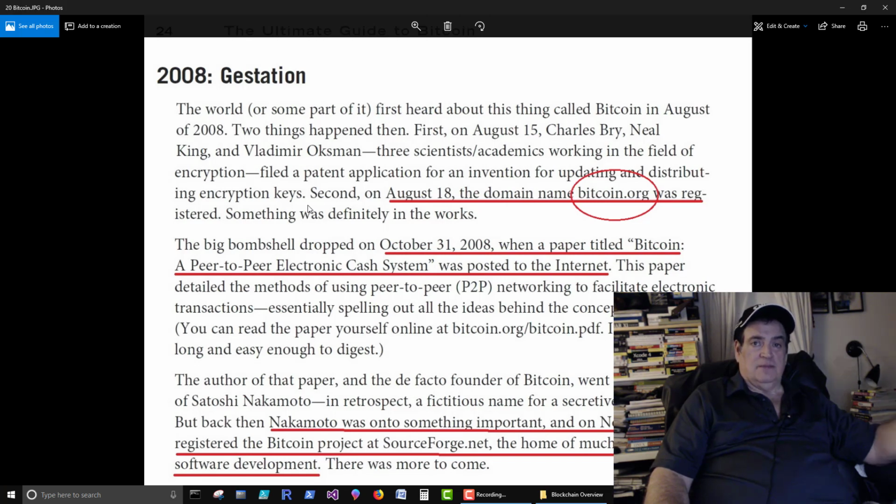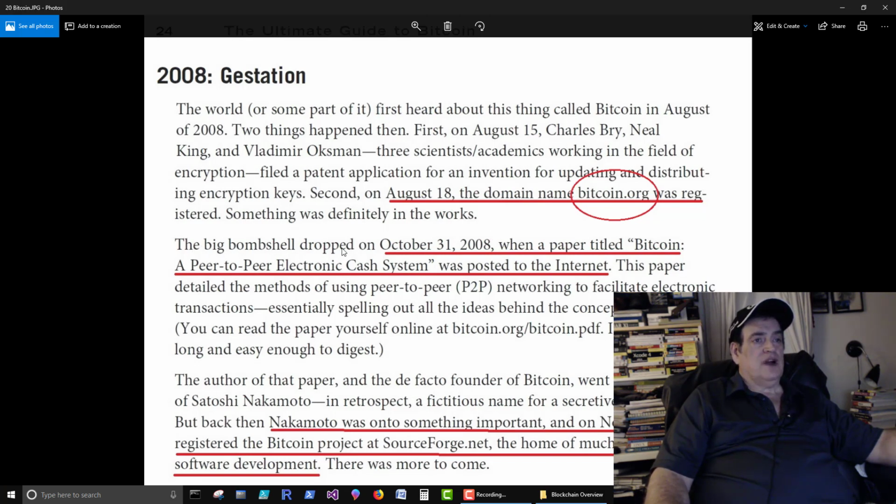Encryption keys play a big part in how Bitcoins are distributed for payments. Second, August 18th, the domain name bitcoin.org was registered. So that's 3 days later. Something was definitely in the works.